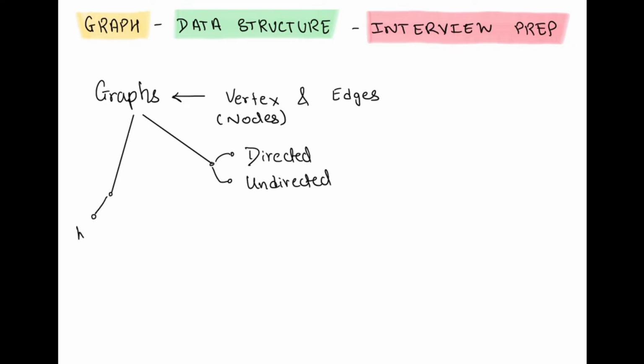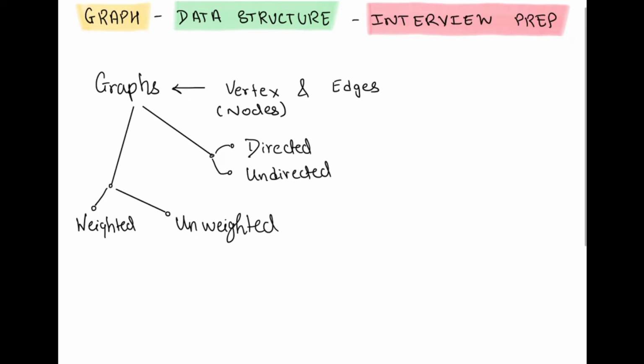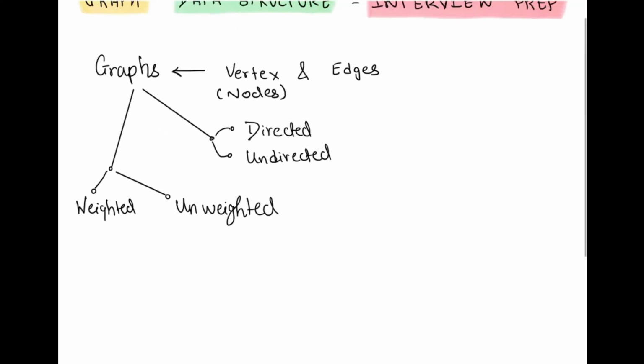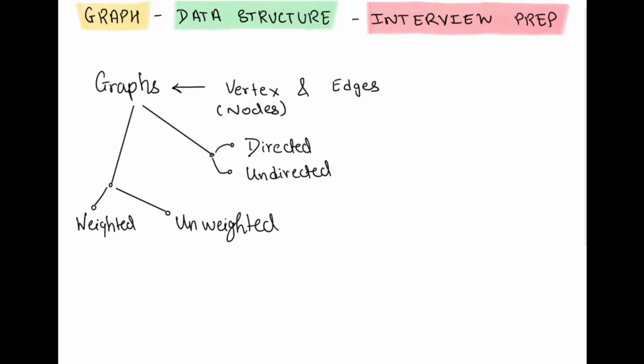We can also divide graphs again into two categories, weighted and unweighted graphs. Throughout the series, we worked with unweighted graphs, and unweighted graphs can be divided into directed and undirected graphs. Weighted graphs can be too, but we worked throughout the series on unweighted graphs.